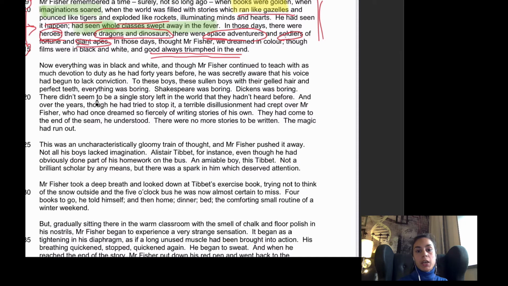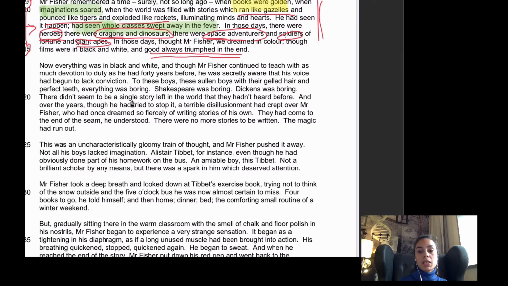So now everything was in black and white, and though Mr. Fisher continued to teach with as much devotion to duty as he had 40 years before, he was secretly aware that his voice had begun to lack conviction. To these boys, these sullen boys with their gelled hair and perfect teeth, everything was boring. Shakespeare was boring, Dickens was boring.